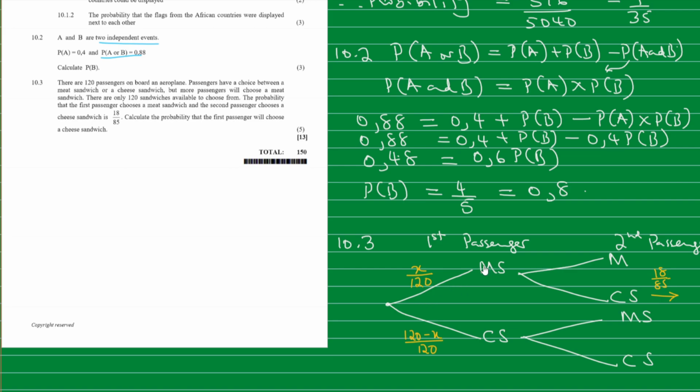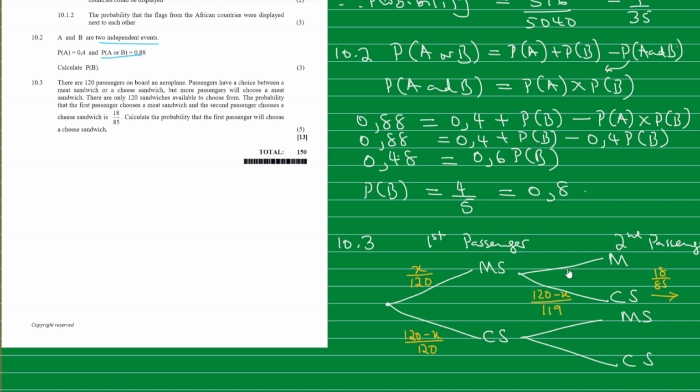After choosing the meat sandwich, how many cheese sandwiches are left? Since the first one was a meat sandwich, we still have 120 minus X cheese sandwiches out of 119, because the first one has been picked. So that is what we have here.